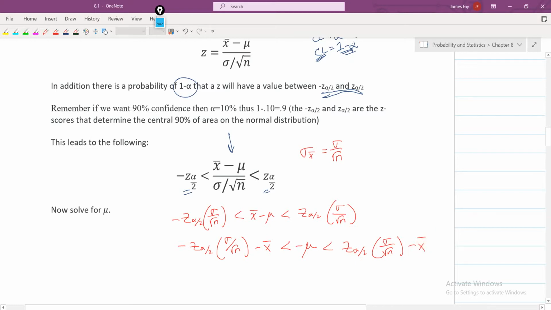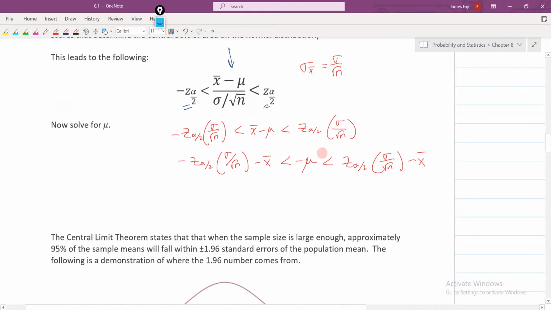Right now we've isolated mu, but now mu is negative, so we're going to multiply everything by negative 1. This turns into positive z, and this is going to turn into plus x bar. If I multiply by a negative, the inequality sign changes directions.